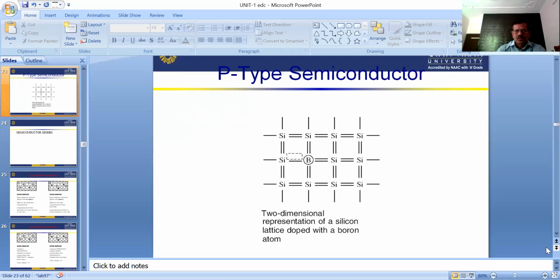So these are the two types of semiconductor, p-type and n-type.